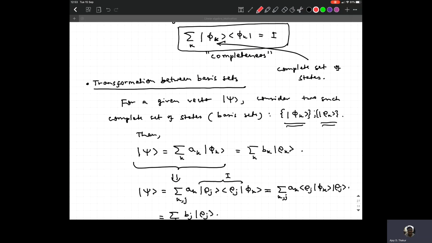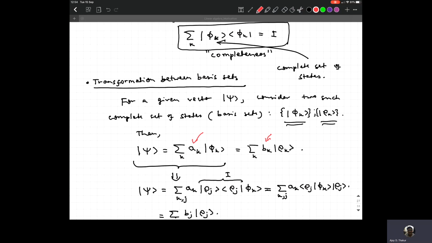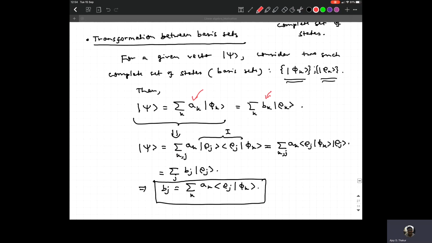When we expand psi in terms of phi k, the corresponding coefficients are ak's, and similarly when we expand psi in terms of the rho k basis, the corresponding coefficients are bk. And the question I'm asking is, how are the ak's and bk's related, if at all there is a relationship? Or are there more universal results which these ak's and bk's are going to satisfy?